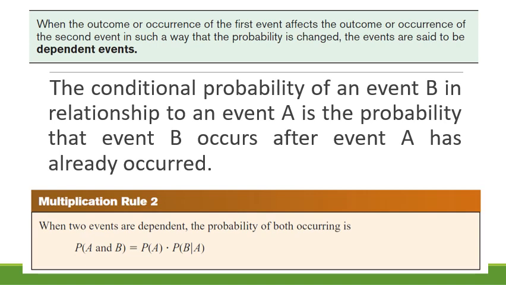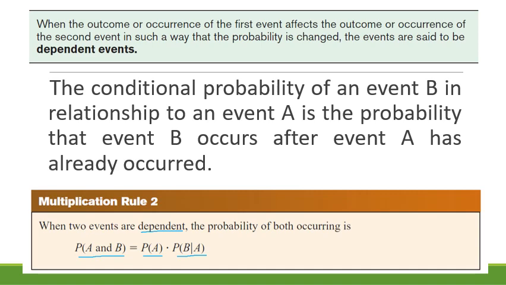The conditional probability of an event B in relationship to an event A is the probability that event B occurs after event A has already occurred. So take note, when two events are dependent, the probability of the first event and the second event is the probability of the first event times the probability of the second event after the first event has occurred.